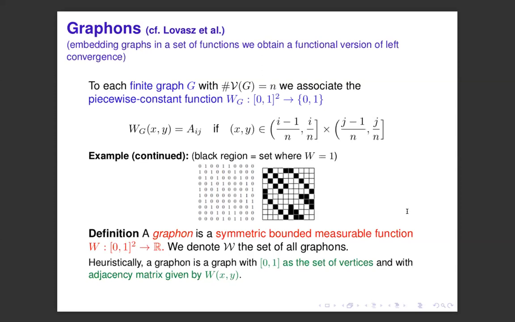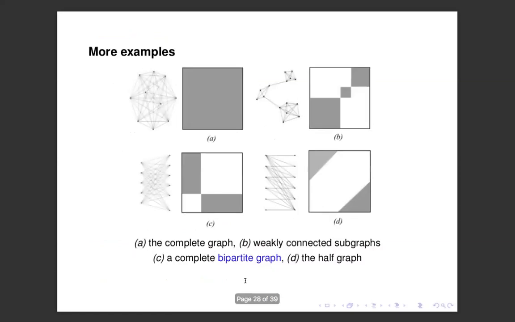So sometimes there is a difficulty in visualization of the graphons. So here is a heuristic description. A graphon is a graph with 0,1 as the set of vertices. So we have a continuum of vertices, and the adjacency matrix is given by this function here.